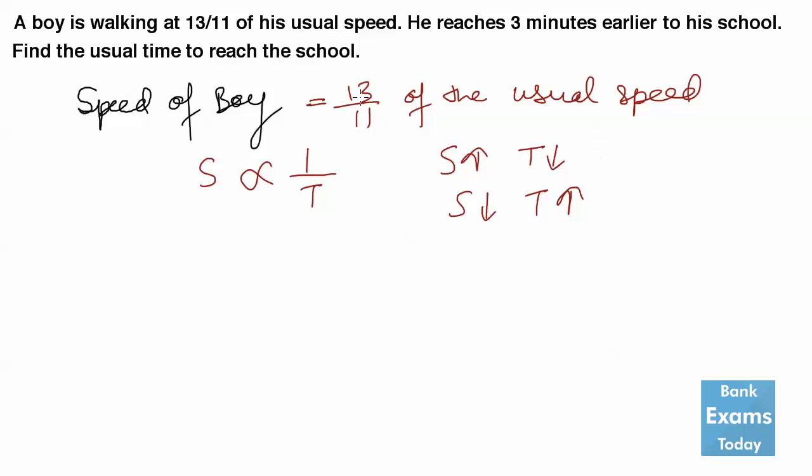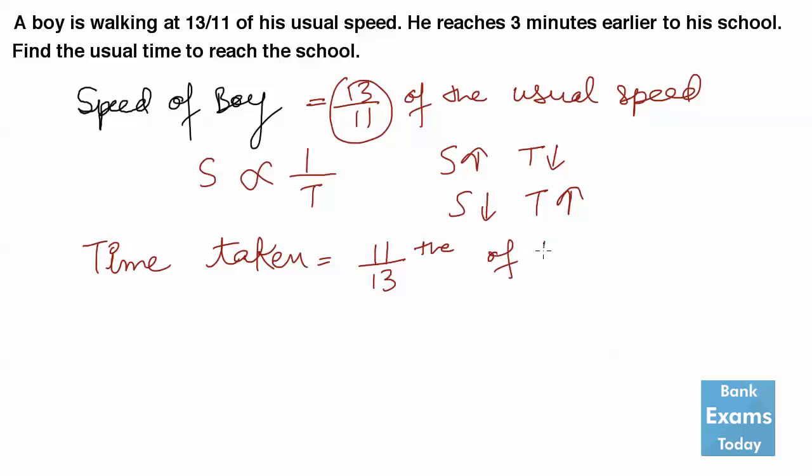So if the speed increases by 13/11, the time taken will decrease in the same ratio. So the time taken will be 11/13th of the usual time.